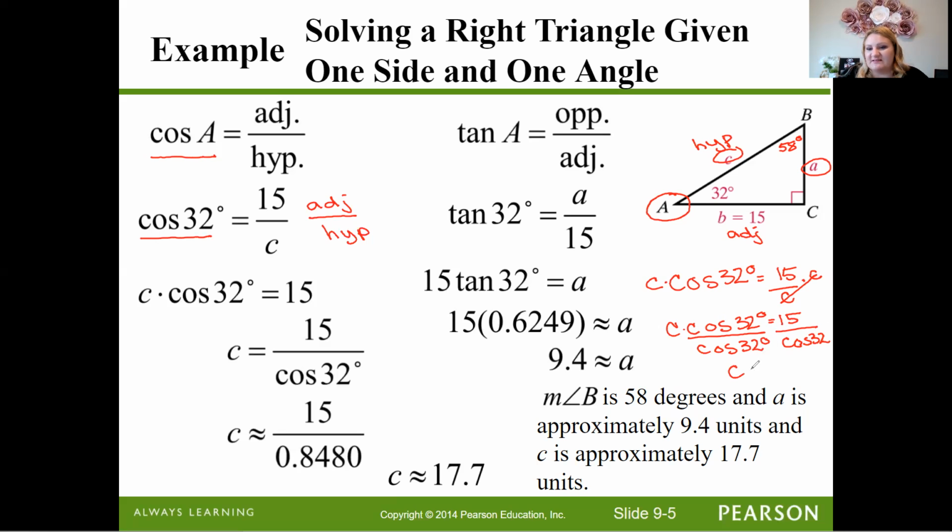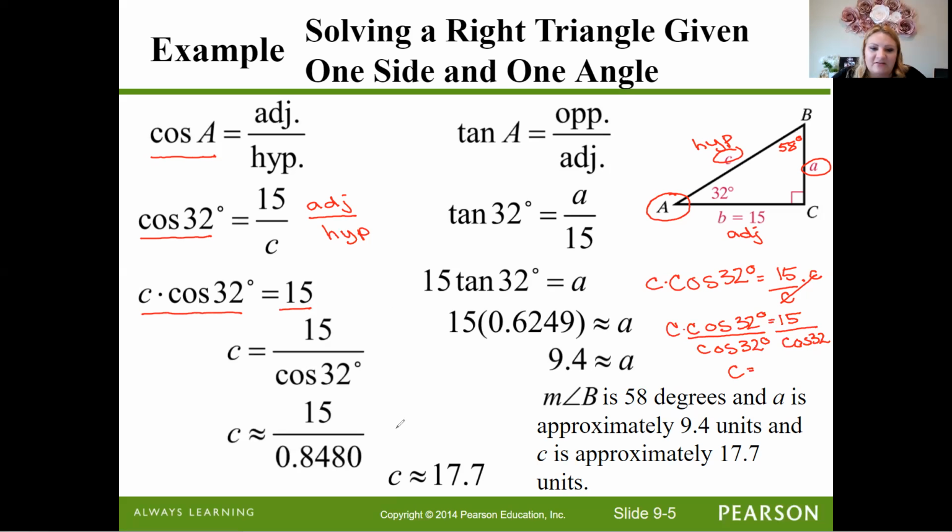And this will isolate C. So this is the same process that is done for you over here. You have the 15 that's isolated, as I did over here. You have 15 divided by the cosine of 32 degrees.